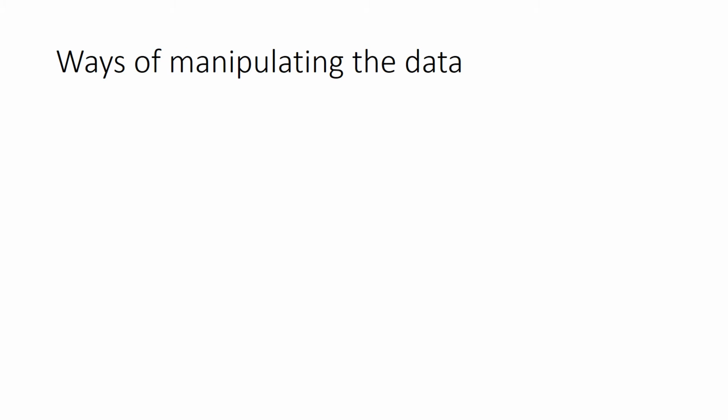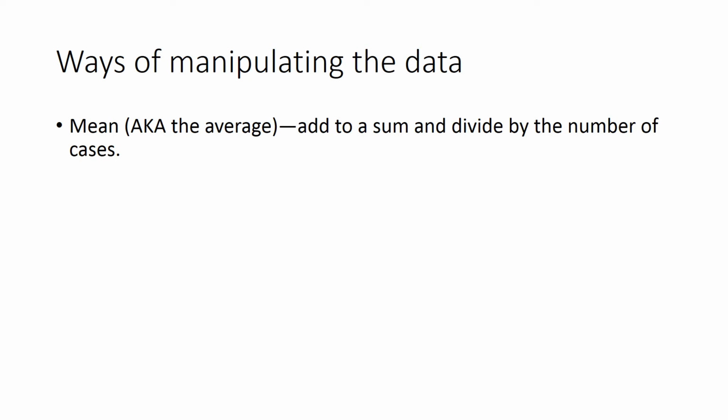So the chapter talks about various ways of manipulating data. One, of course, is the mean, which as students you're all familiar with, adding items up and dividing by the number of cases to get the average. I'm sure it's something you all know how to do.